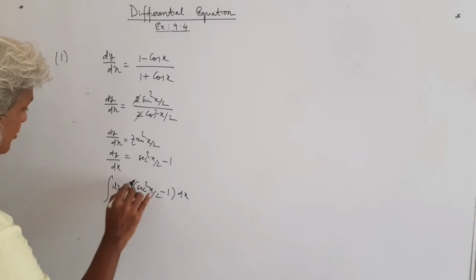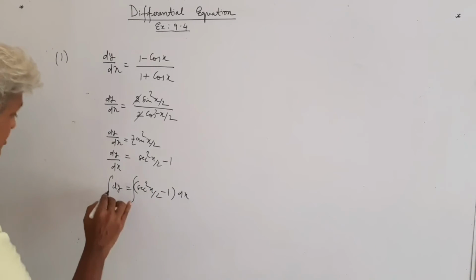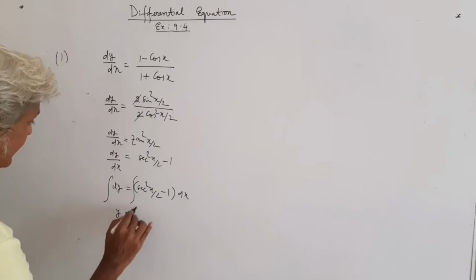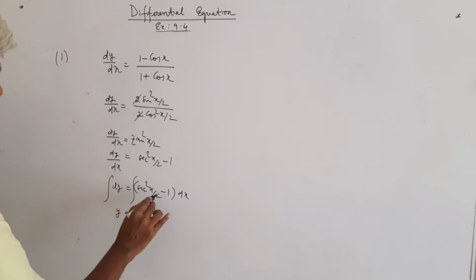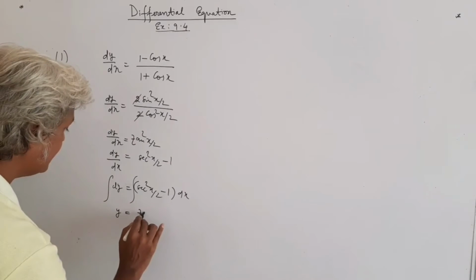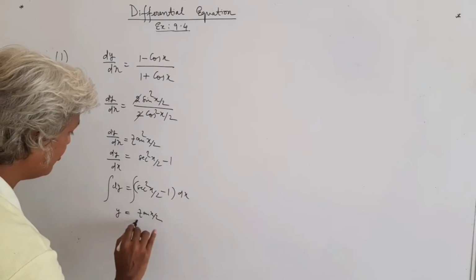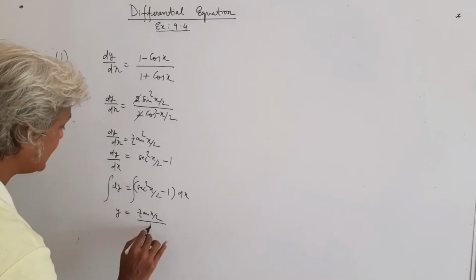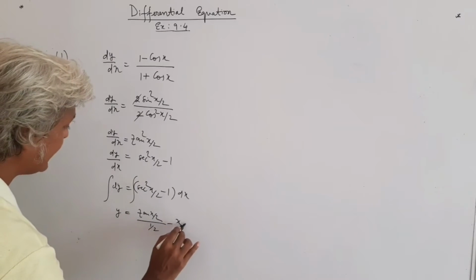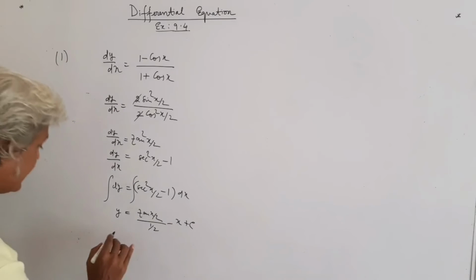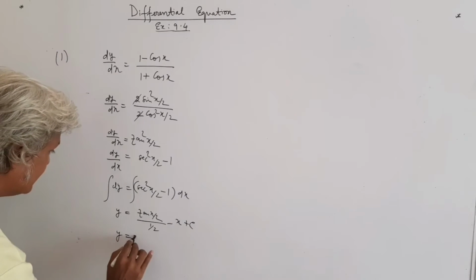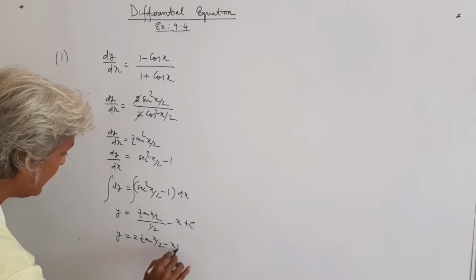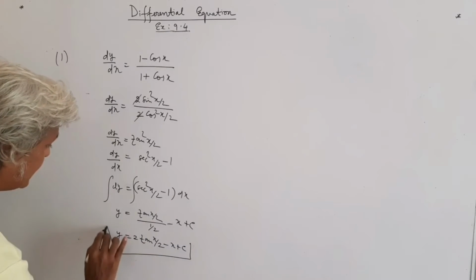Now integrating both sides with respect to x, the integral of dy is y, equal to the integral of sec square x by 2, which is tan x by 2 divided by the differentiation of x by 2, that is half, minus x plus c. If I rearrange it, I get 2 tan x by 2 minus x plus c. This is the answer.